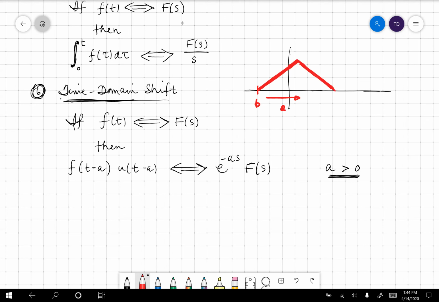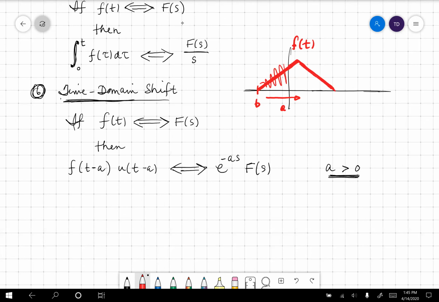Now, here's the problem. If this is f of t in red, when we calculated the one-sided Laplace transform, we calculated it by ignoring this part. Everybody agree with that? We didn't do anything with that because we integrate from 0 to infinity.